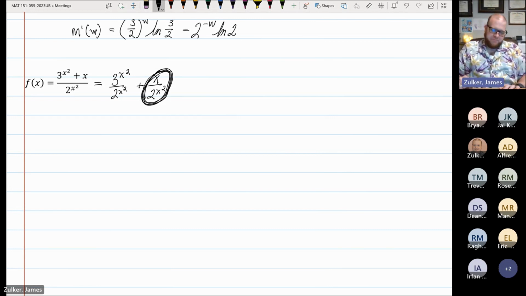That term is still going to require quotient rule or product rule.